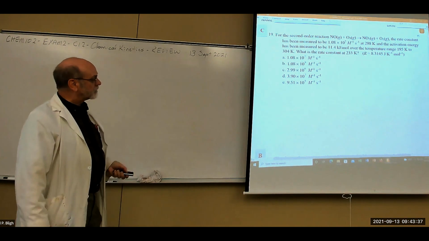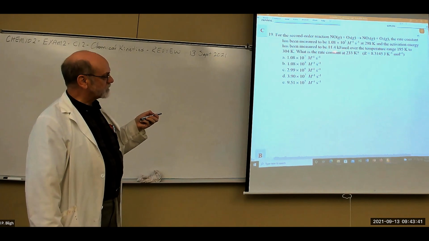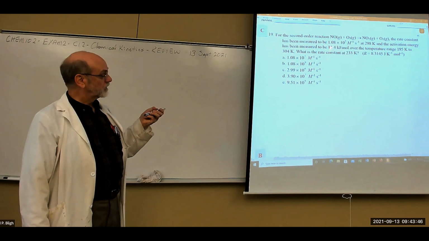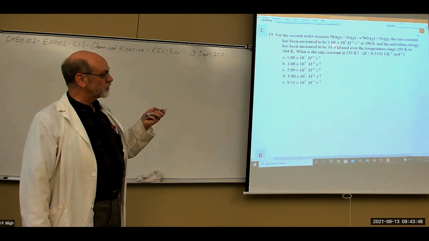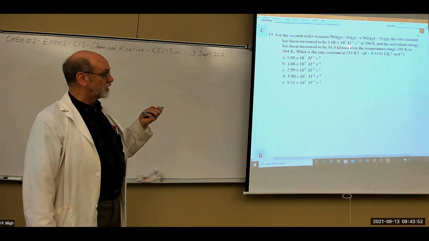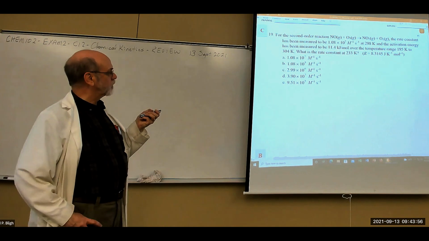You just fill in this term as the activation energy, but it has to be converted to joules. Right? This is kilojoules, so it'd be 11,400 joules per mole is the activation energy. The initial temperature is what?